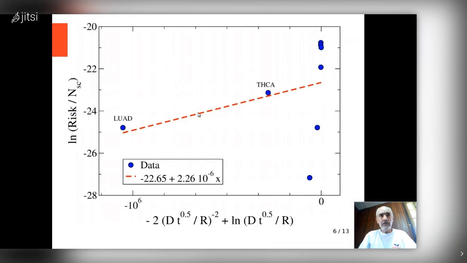Here is the result for 8 tissues. As already mentioned, there is no free parameter in this figure, and what we obtain is a bad fit. Of course, it's not well fit, but the most important thing is that the slope is near 0 instead of 1, as we expect.